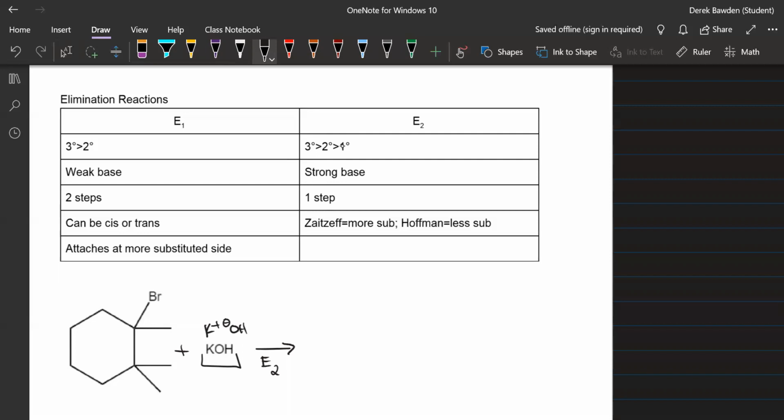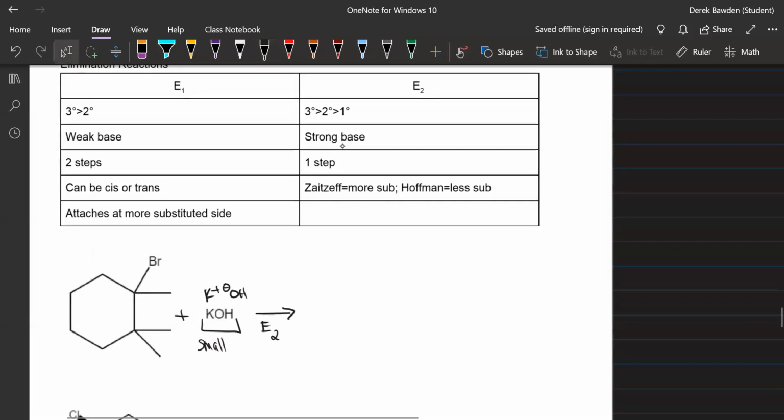But we have quite a small base here, so small base, okay? That's going to be key for telling us our major and minor products. Did he talk to you guys about major and minor in elimination reactions? I don't want to go over it if he didn't tell you. He did go over it. Perfect. Okay. So we do need to talk about it.